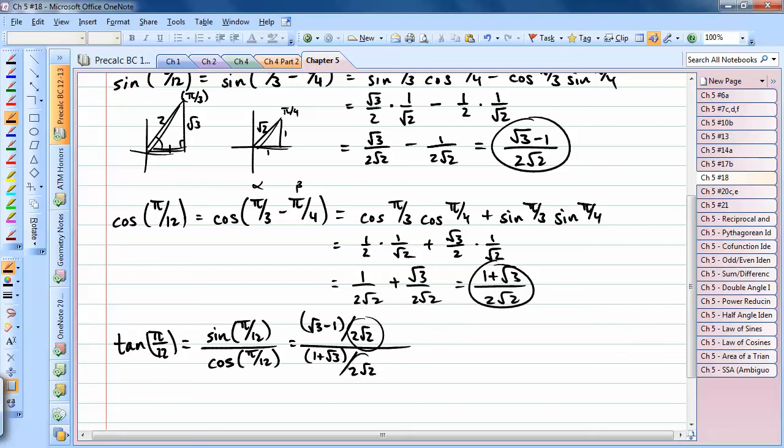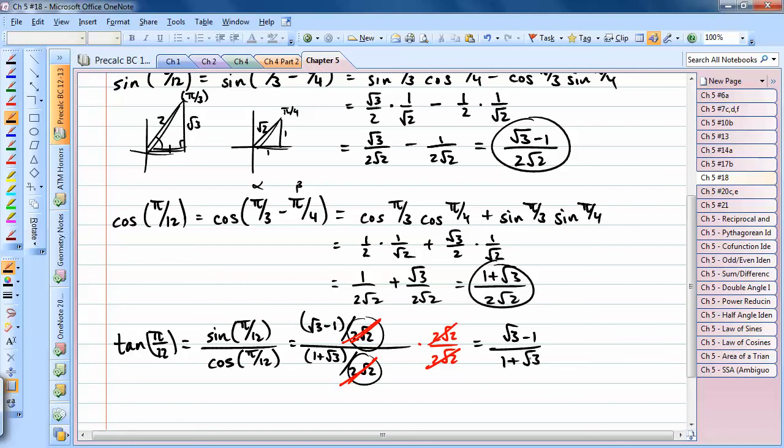And then since they're both over 2 root 2, those are going to end up canceling. If you don't see why, you could think of it as multiplying the numerator and the denominator by 2 root 2, and this one will cancel with that, this one will cancel with that, and we're left now with root 3 minus 1 over 1 plus root 3.